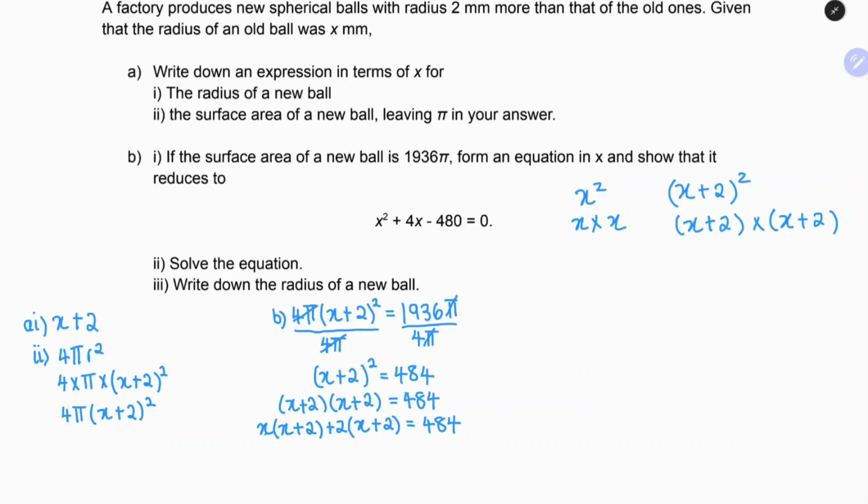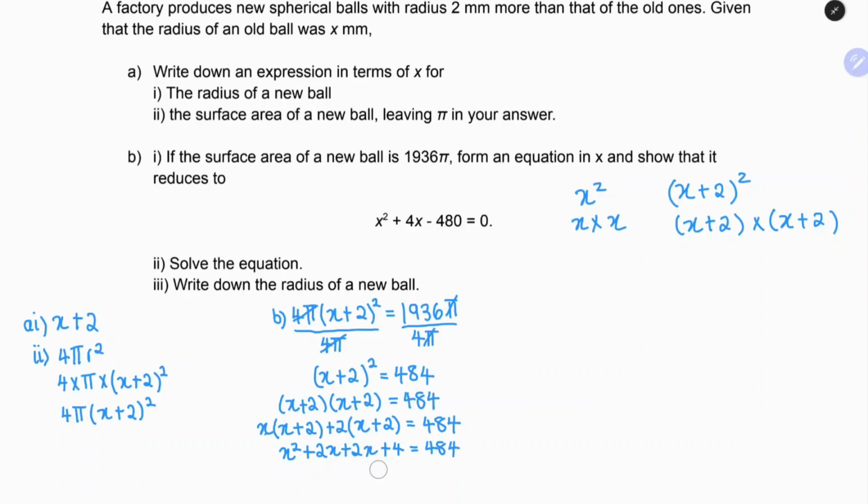It's going to be x times x, which is x squared. x times 2 is plus 2x. 2 times x is plus 2x again. 2 times 2 is 4, equals 484.